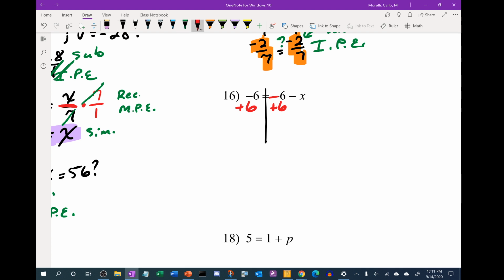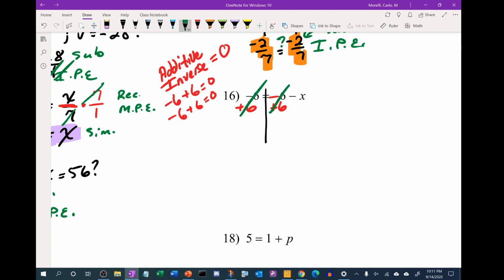Remember, additive inverse equals 0. And so I've got negative 6 plus 6. That equals 0 on the left. And on the right, I've got negative 6 plus 6 equals 0. This can be confusing because they're both 0, right? They're both 0. And so what you have as an answer is 0 equals negative x. Okay? Now remember, negative x equals negative 1 times x.